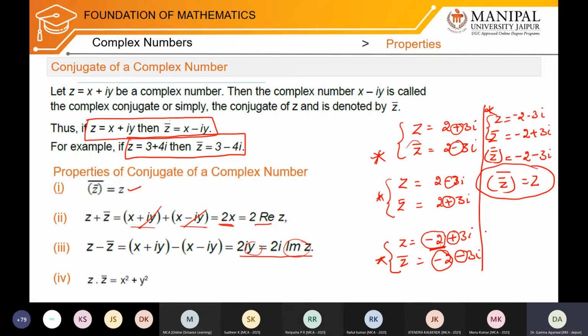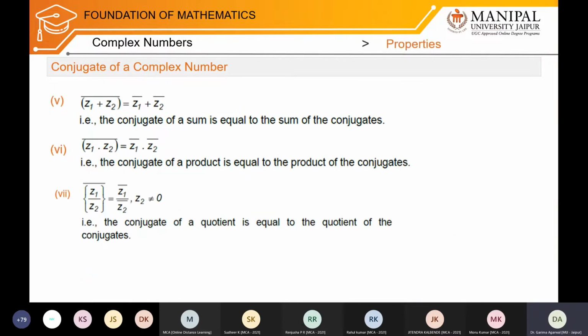Z times z bar, if z is x plus iota y and z bar is x minus iota y, so (x plus iota y) times (x minus iota y), that is (a plus b)(a minus b), which is a square minus iota square y square. The value of iota square is minus 1, so minus minus will convert into a positive sign. So z times z bar is x square plus y square. These are a few properties and definitions of the conjugate of complex numbers.